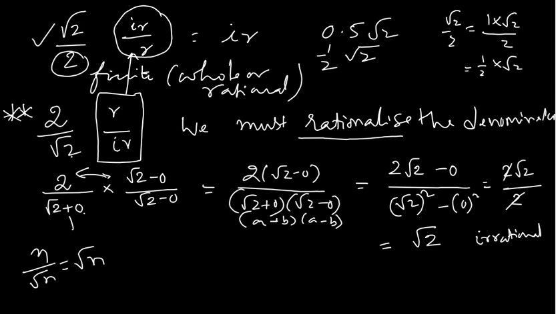See, in the previous page I am showing, if it is plus here, I multiplied with a minus. Observe this sign. Whatever is there, if plus is there, minus, if minus is there, plus, like that.